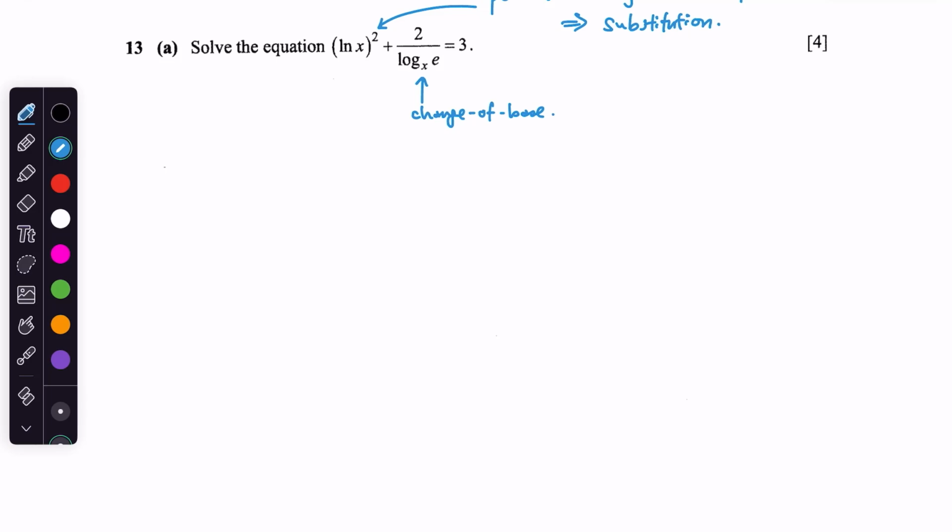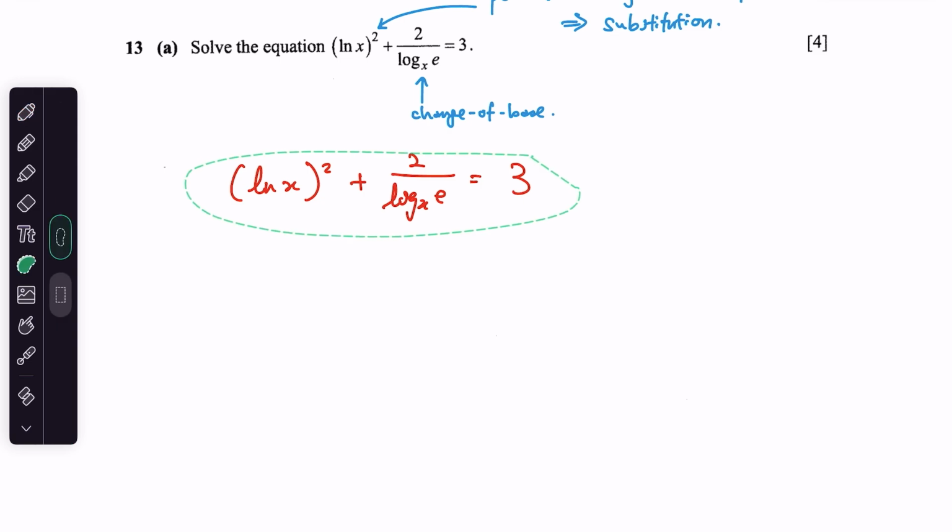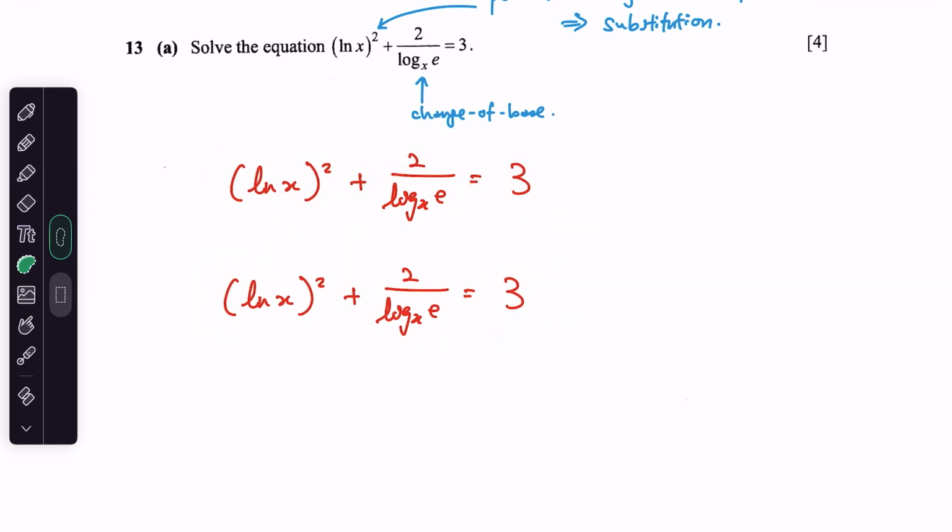So let's do the change of base first. Before that, let me just copy out the equation. So equals to 3. So we get this equation here. Let's do change of base. Whenever we do change of base, I usually just duplicate. On paper, you have to copy it out.